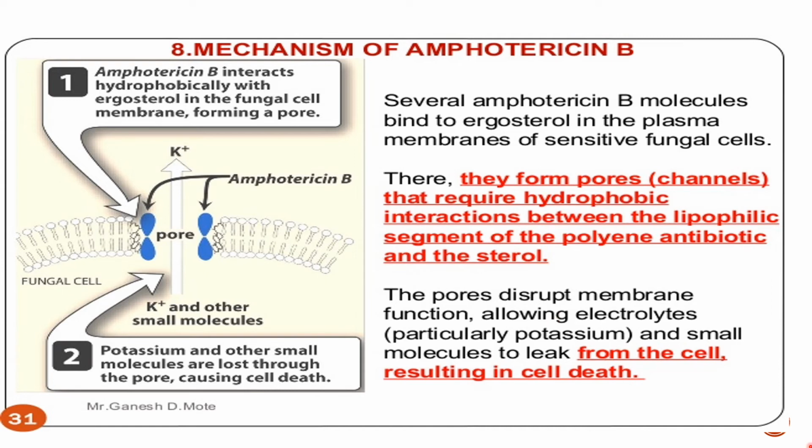Amphotericin B is used for patients with progressive and potentially life-threatening fungal infection because of its potency. Examples of these infections are aspergillosis, cryptococcosis, blastomycosis, systemic candidiasis, and coccidioidomycosis.